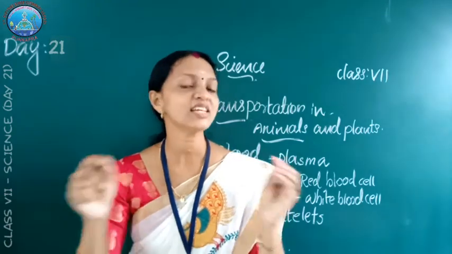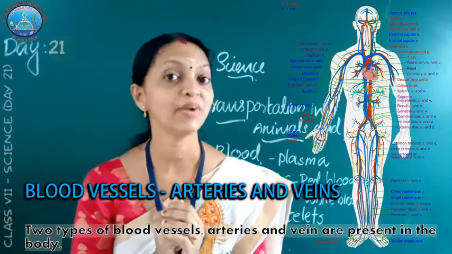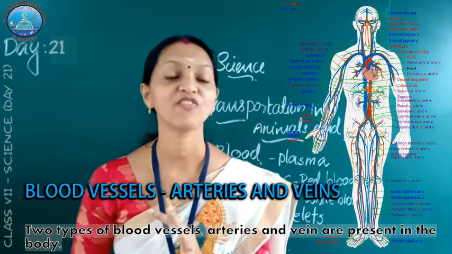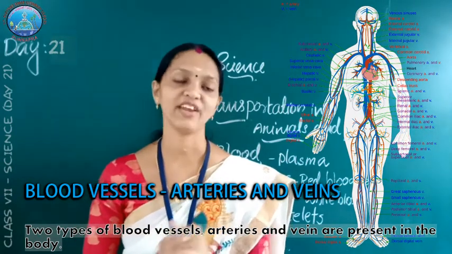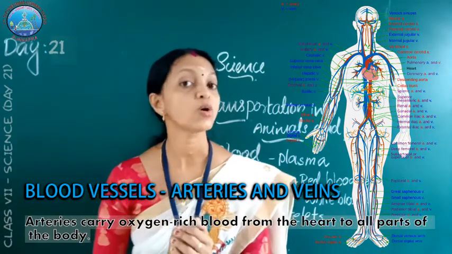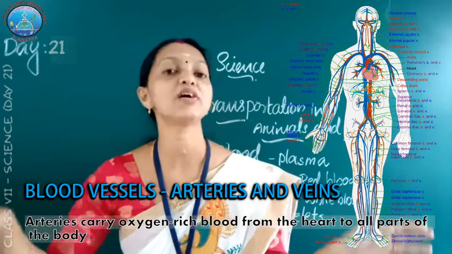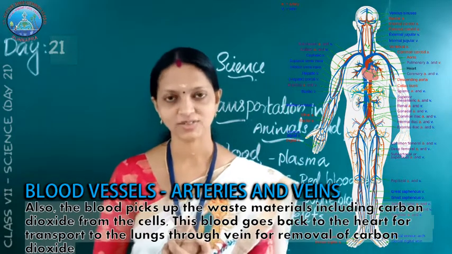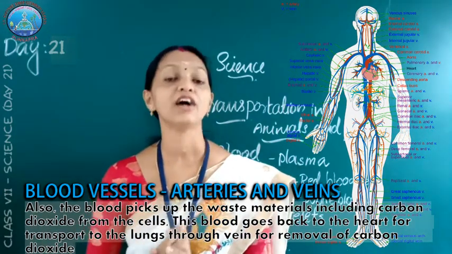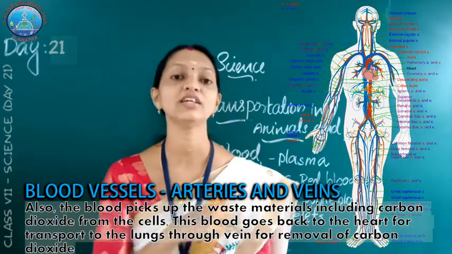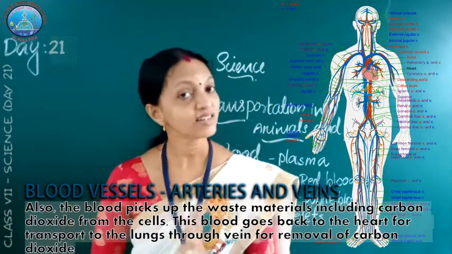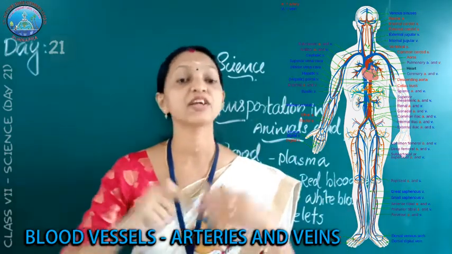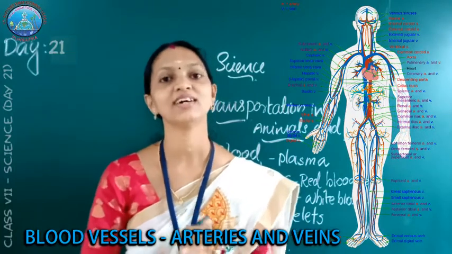Next one, the vessels through which blood flows are called blood vessels. There are two types of blood vessels, arteries and veins. The arteries carry oxygenated blood from the heart to all parts of the body, and veins carry deoxygenated blood, or carbon dioxide-rich blood, from all parts of the body to the heart.